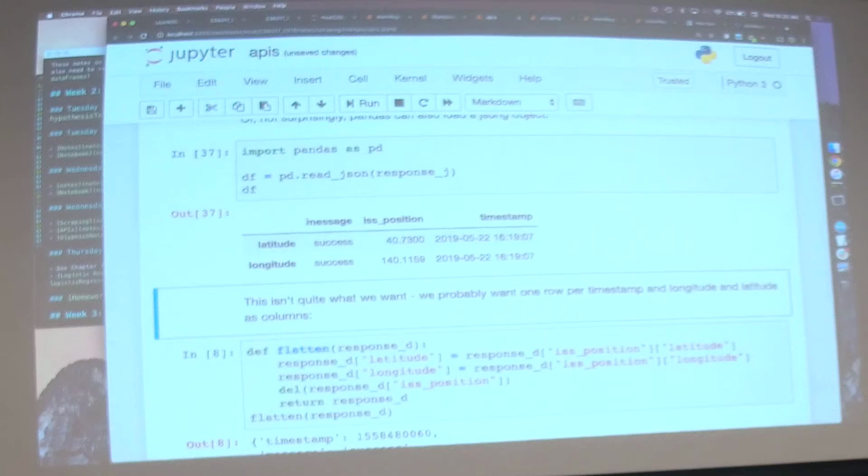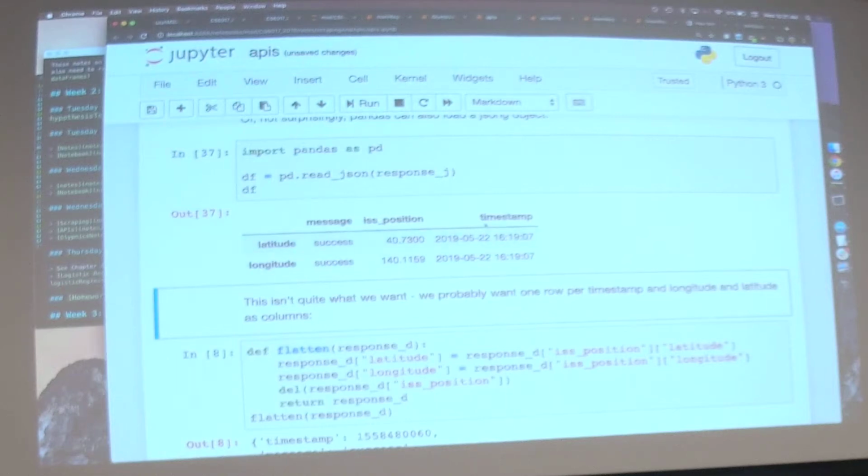If you look at this, the table that we got is not really what we want. So this table is not super useful for us. Why? Yeah. So the latitude and longitude are really columns, and the timestamp is the index.